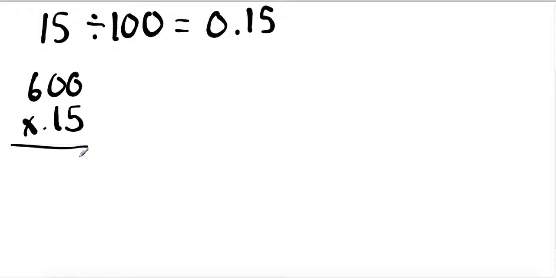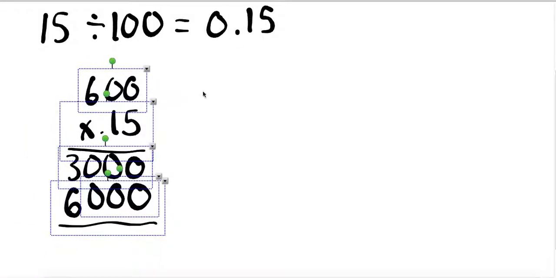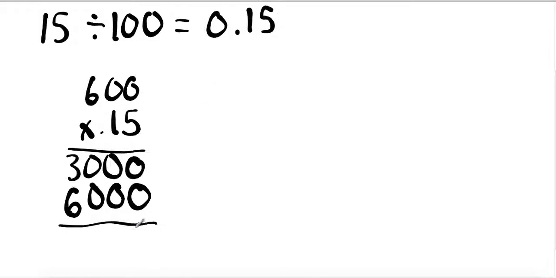5 times 0 is going to give me 0, and 5 times 6 will give me 30. Next, I need to remember to include a placeholder. 1 times 0 is 0, and then 1 times 6 is 6. Once I add all these together, I'm going to have 0, 0, 0, 9, and I got to remember to include the decimal point that was here.